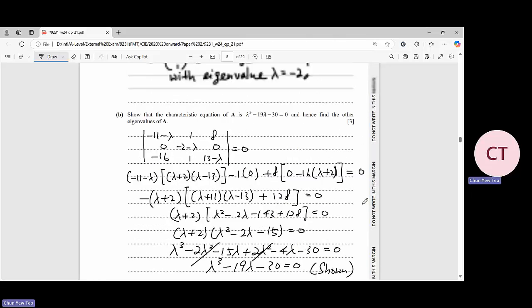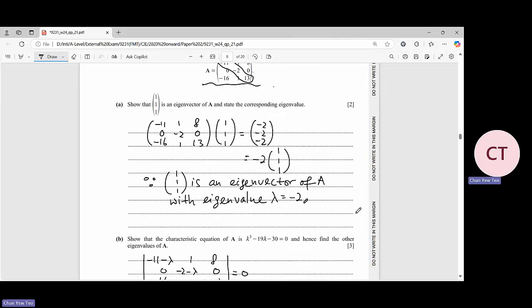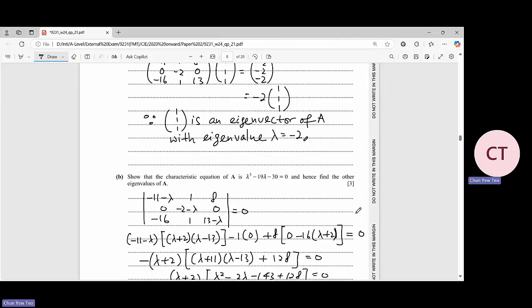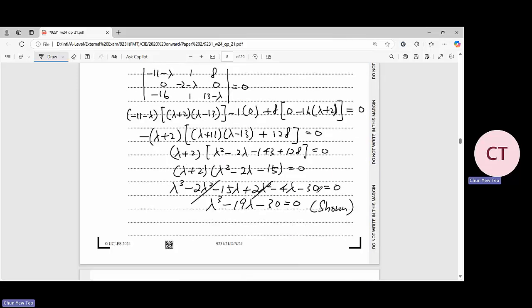Okay, this is how you show the characteristic equation of A is lambda cube minus 19 lambda minus 30. But we haven't finished because we need to find the eigenvalues. In order to find them, we just use this result.